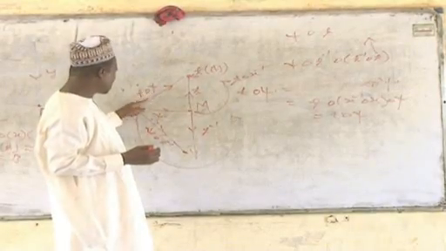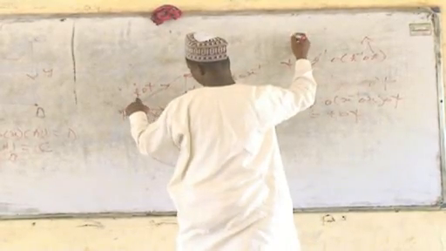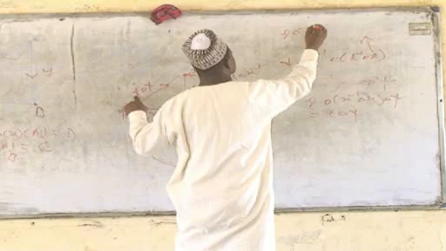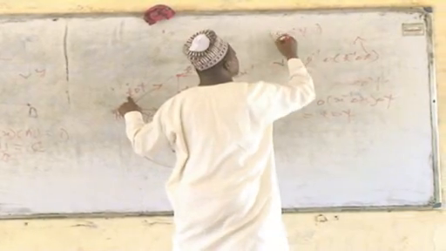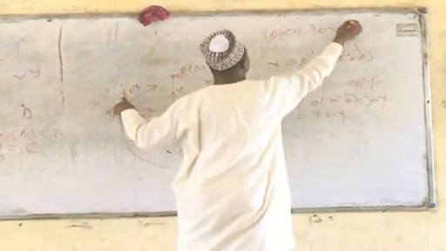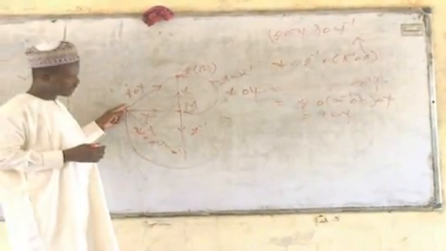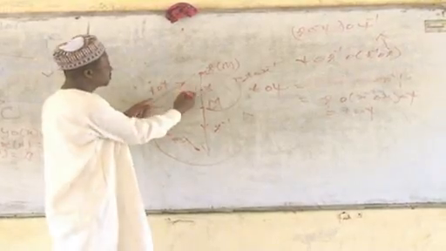I better write it like this: psi, T after psi, after psi inverse. So you want the position to look like this, so that it will combine with this to have this.